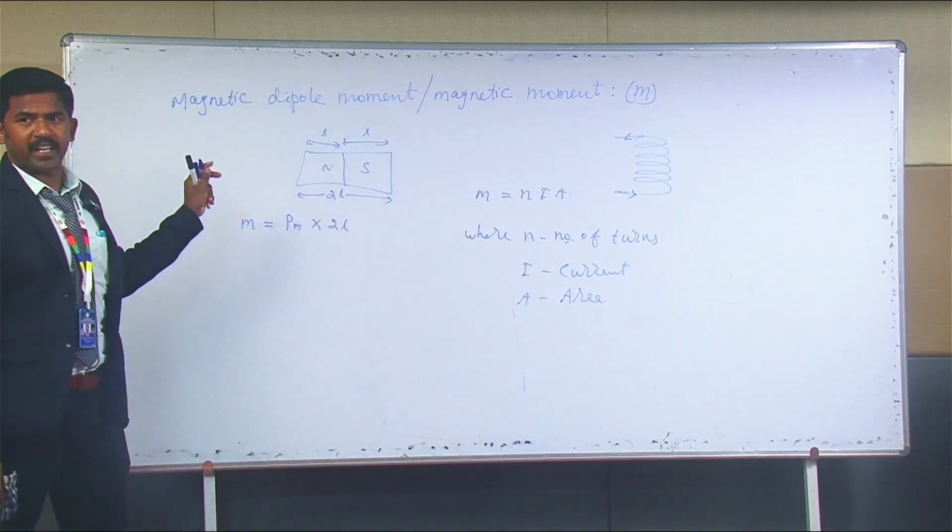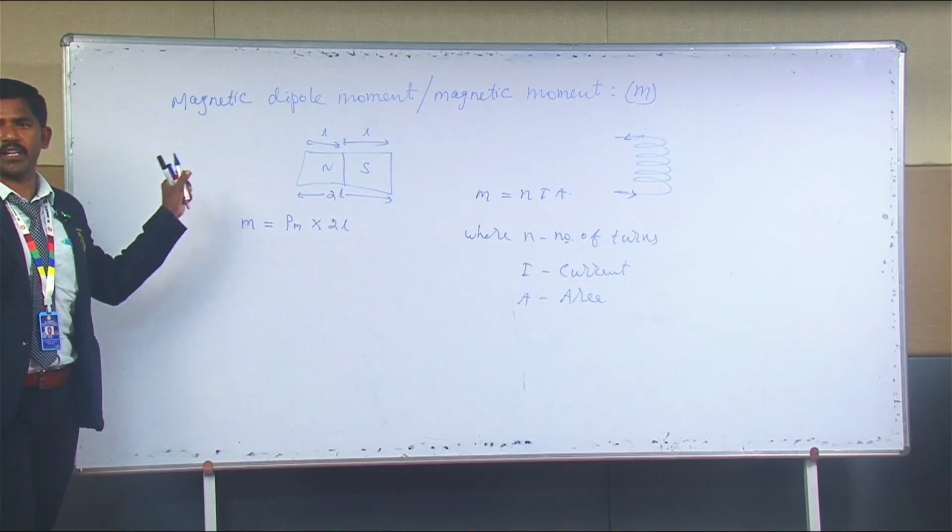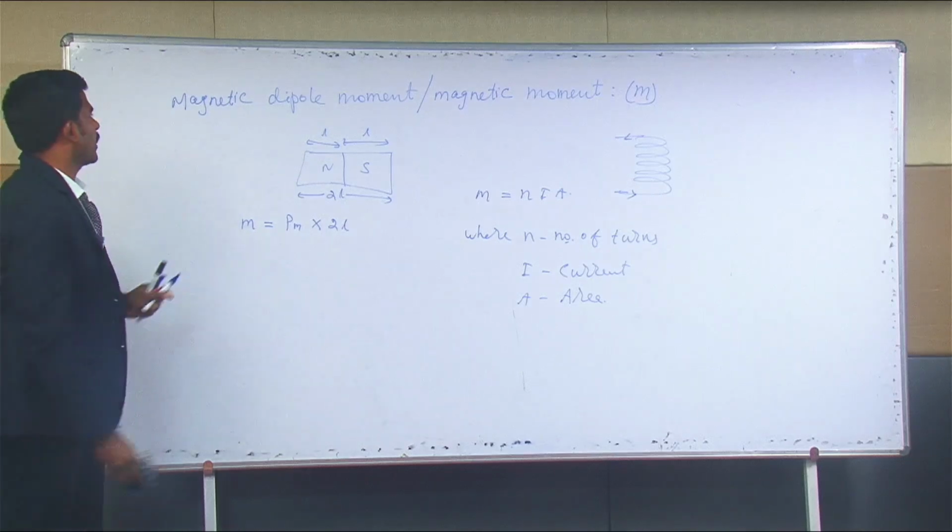So this is the magnetic moment. This is very important, because this is the base for magnetic materials or magnetism.